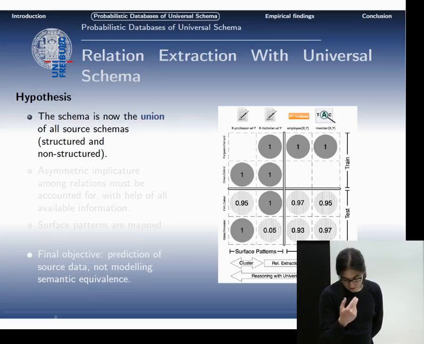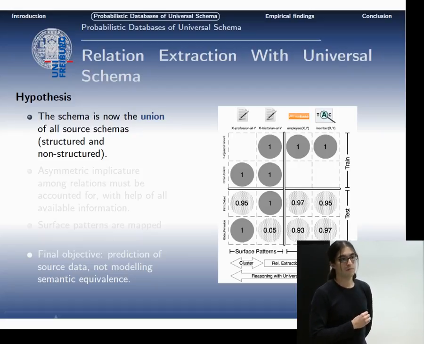The light gray disks are also not observed information, but they are something we would like to have, ideally, as a result of this model.